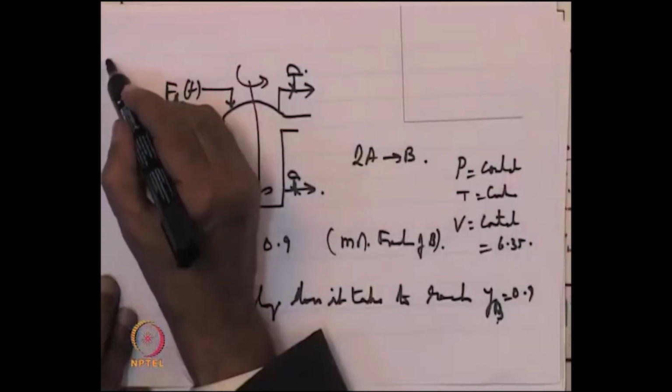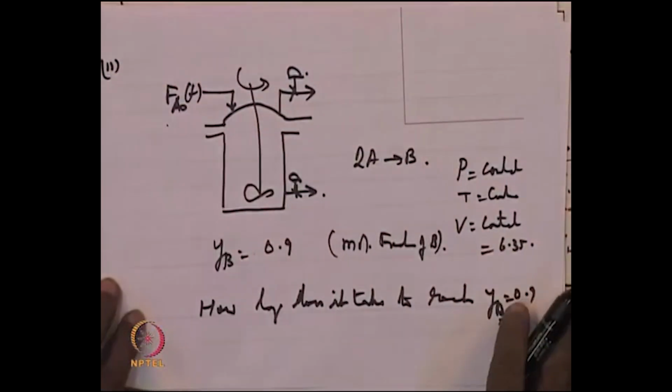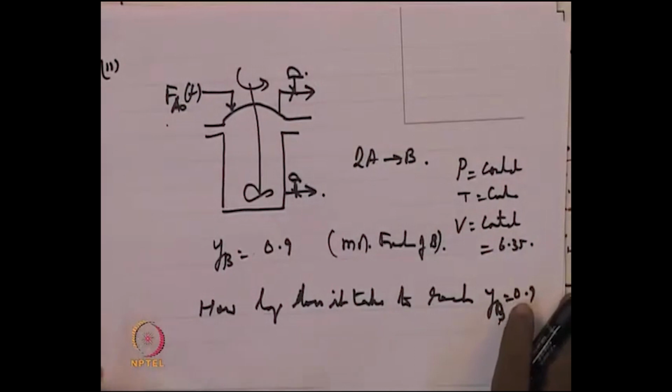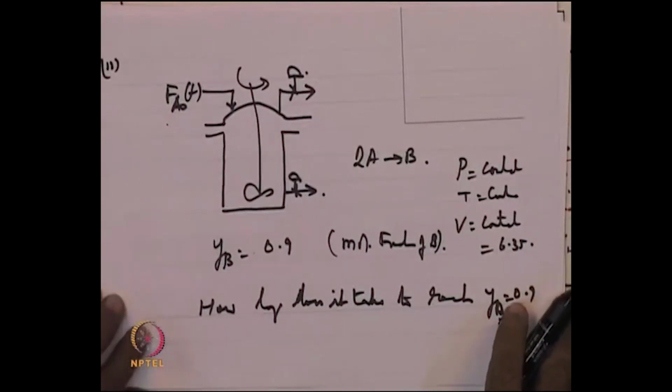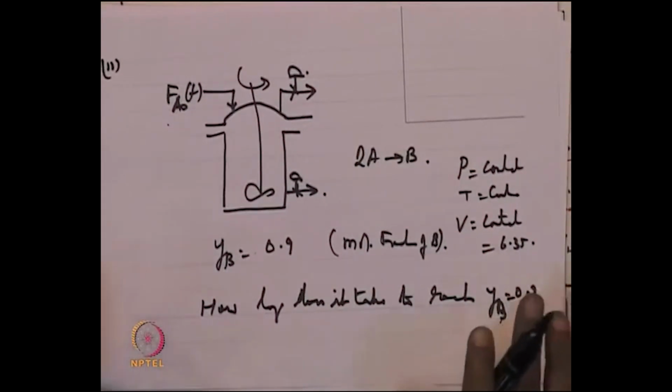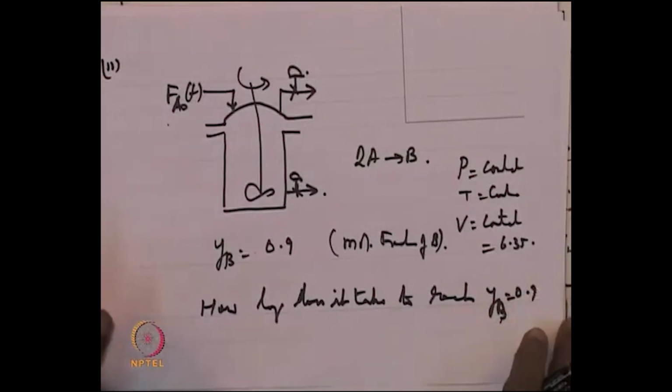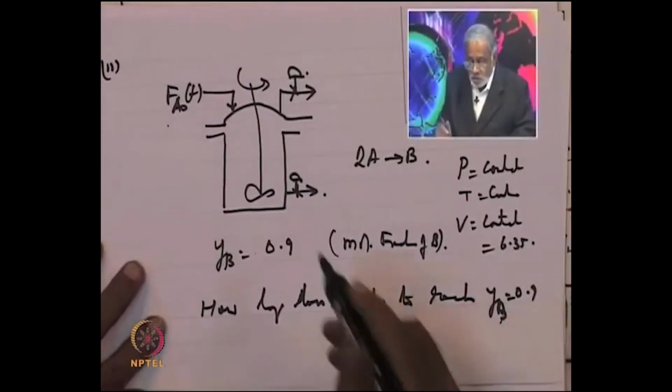Now, the second part of the exercise is quite interesting. What it says is, now as this CSTR is running at steady state, at an instant of time when the steady state is achieved and the process is running at x equal to 0.5, we close the outlet valve.